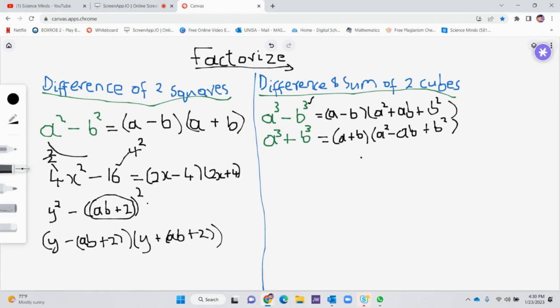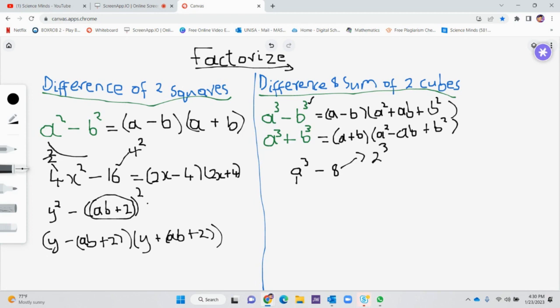All right, so let's just have a simple example of two cubes. We can have a cubed minus 8. Okay, so this is raised to the power of 3, that makes it a cube. 8 can be 2 to the power of 3, so that makes it a cube.